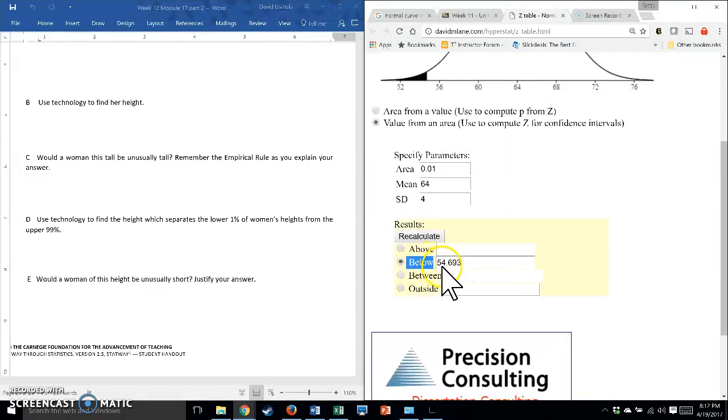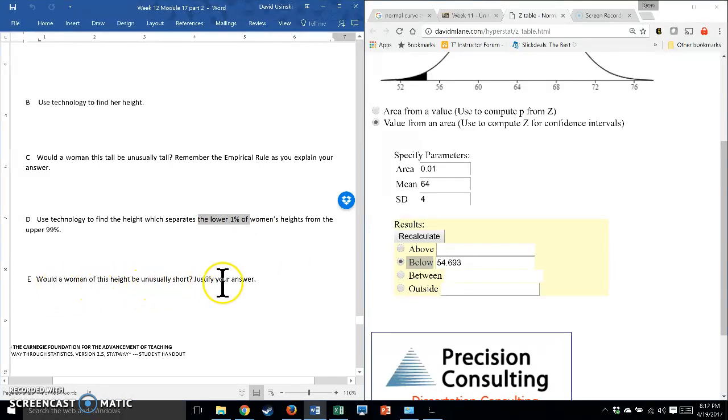And that height is 54, almost 55 inches. And 55 inches is 4'7". So if a woman was 4'7" or shorter, then that would demonstrate the lower 1% of all women.